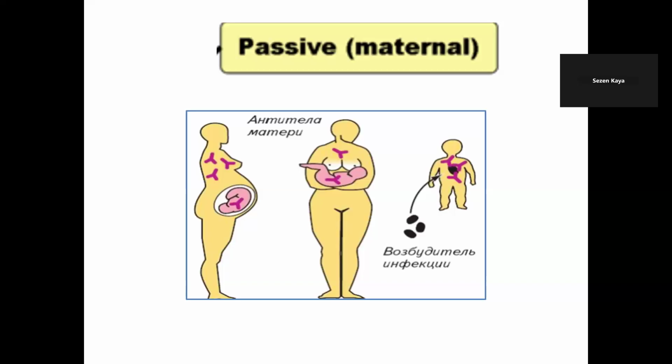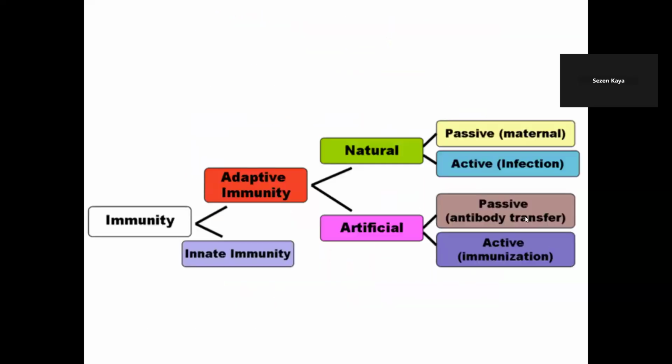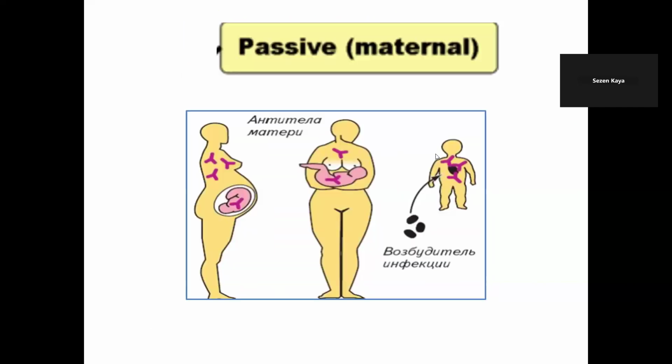What is the problem here? The problem is the following. It works the same way as I told you about antibody transferring. When these immunoglobulins are in the baby's body, they are working. But the immune system is not developed at this time, not growing, not learning anything.